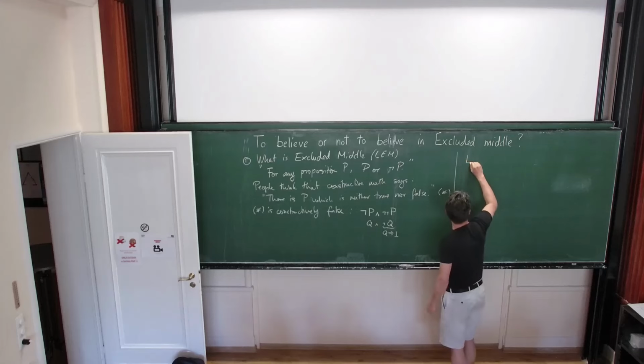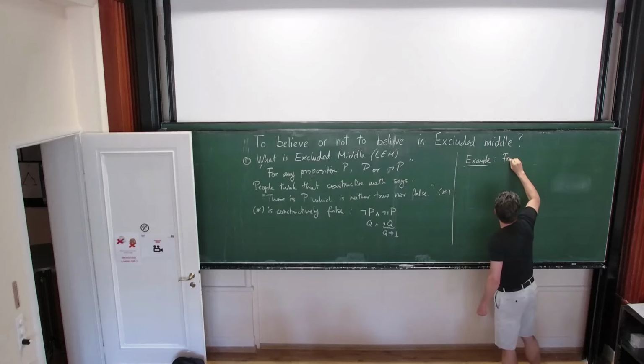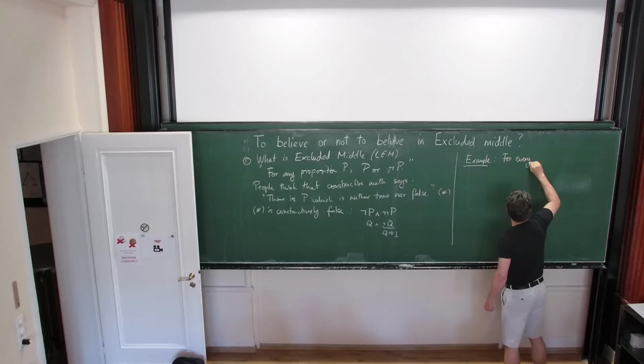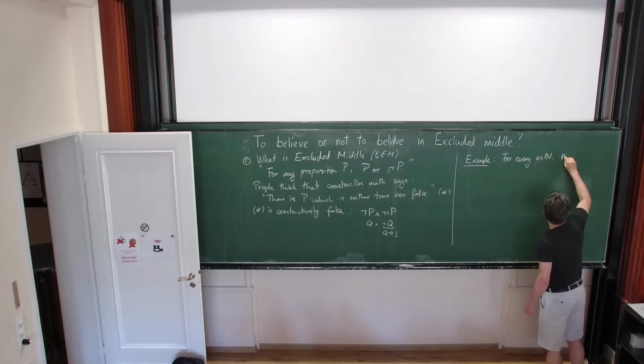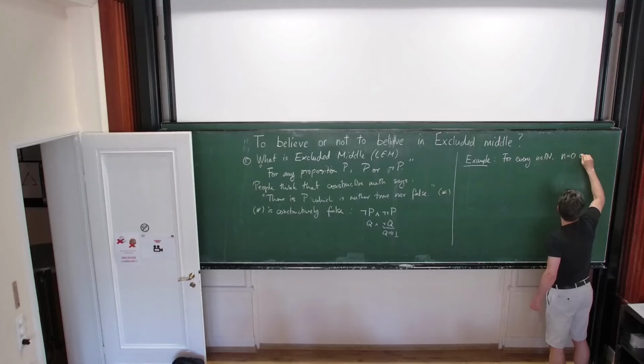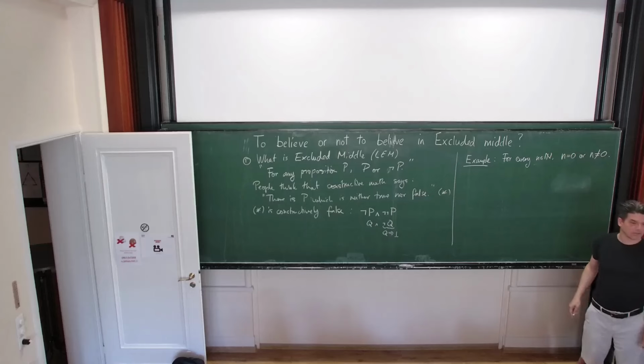For example, for every natural number, n is 0 or n is not 0. That's a special case of excluded middle.